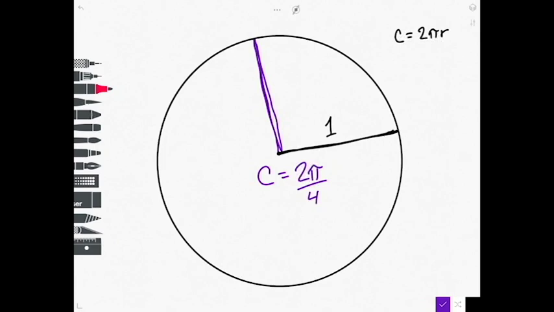And if I reduce that, I get an arc length. That's what we call it when we don't go all the way around. If I reduce 2 over 4, I get the arc length here is pi over 2. And so there we go. We have the length a quarter way around a unit circle.